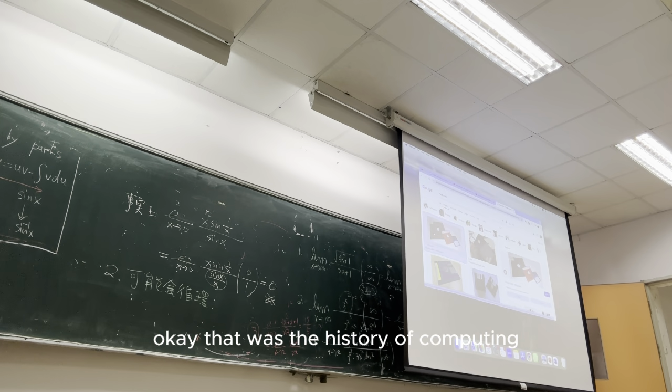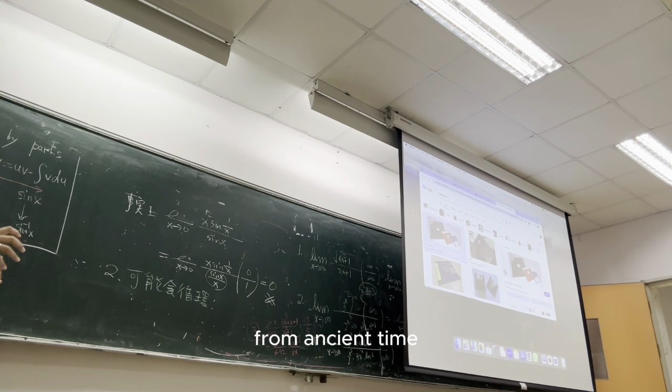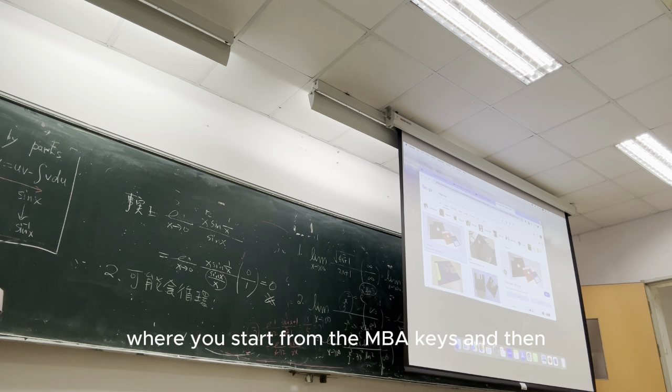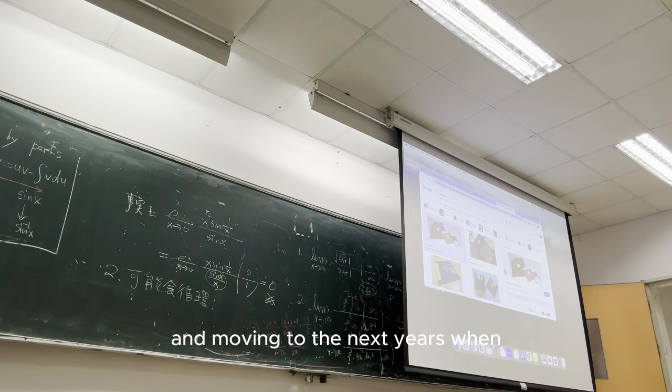Okay, that was the history of computing, so I don't need to explain to you how computing developed from time to time, from ancient time when it started from the abacus, and then moving to the next years when the inventors used transistors and microprocessors and it became today's personal computers.